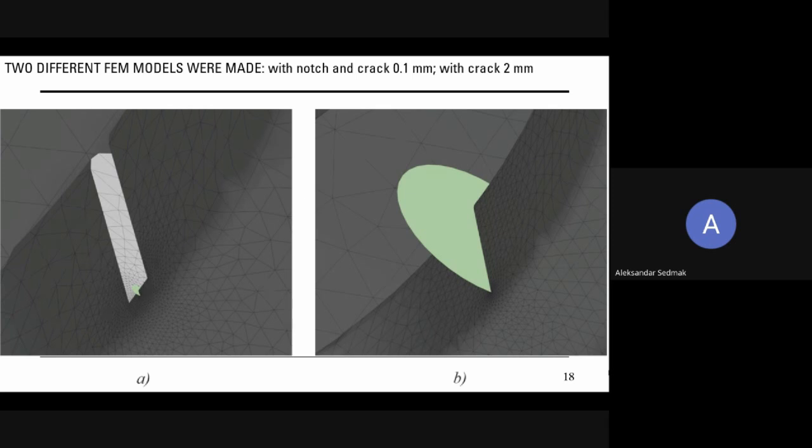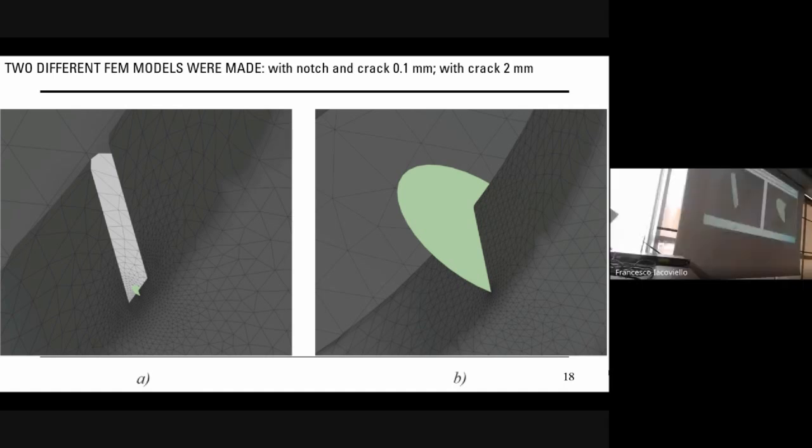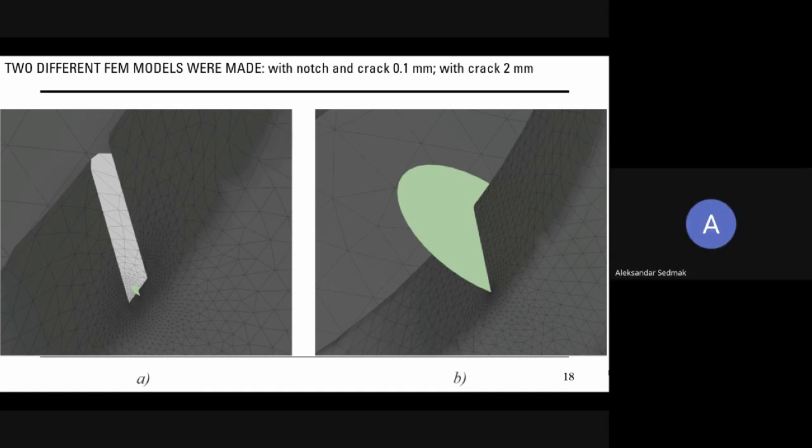The idea was to compare them and to find out whether it is also a problem for this component to have a fatigue crack without a notch. To find out about that, we did a couple of numerical simulations, as you will see in the next slide, please.